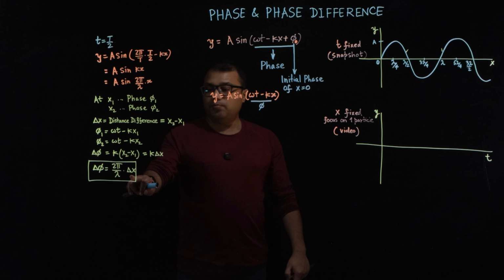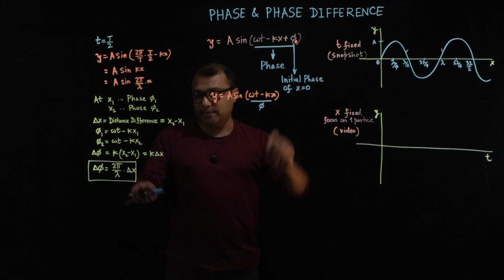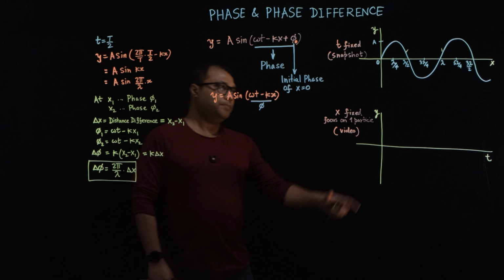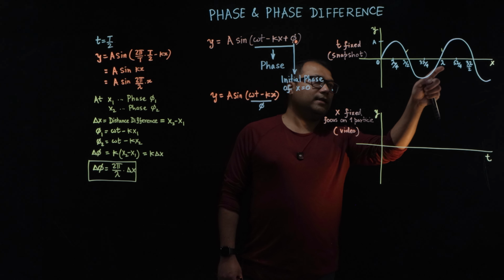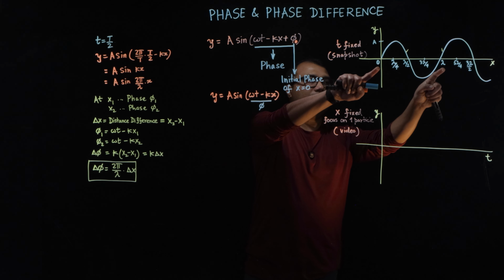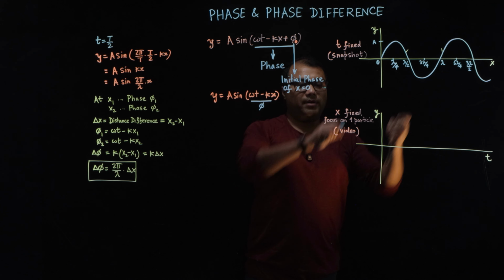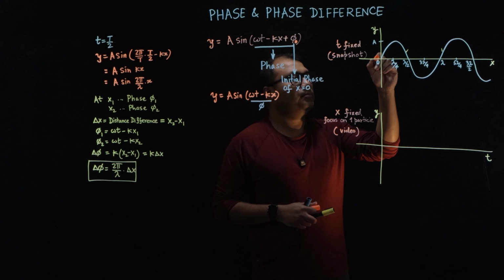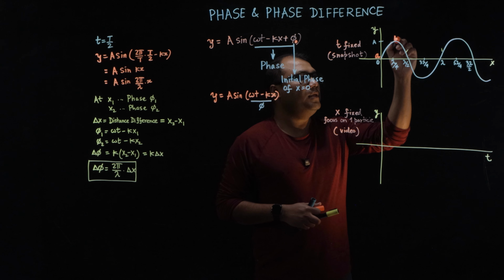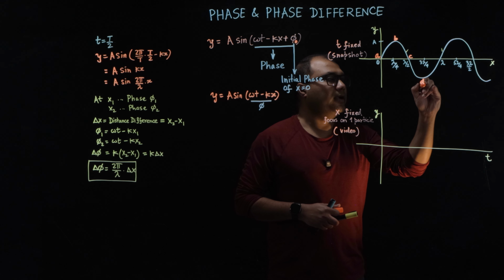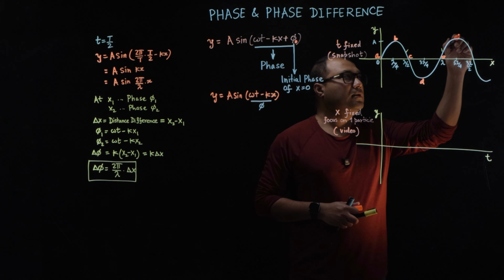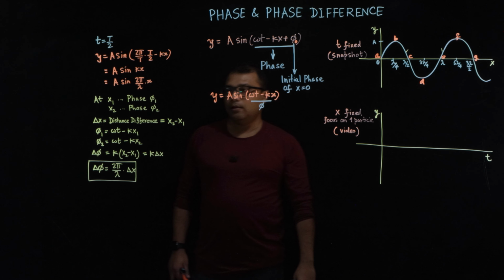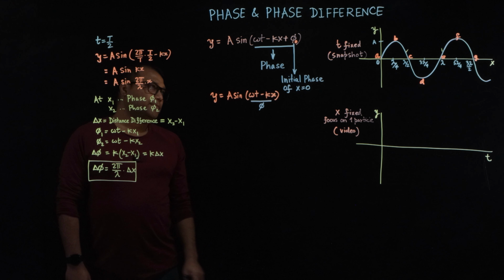So if two particles at a given time are separated by a distance lambda, let's say this particle and this particle, let's label those points A, B, C, D, E, F, G, and such. Now let's look at this.